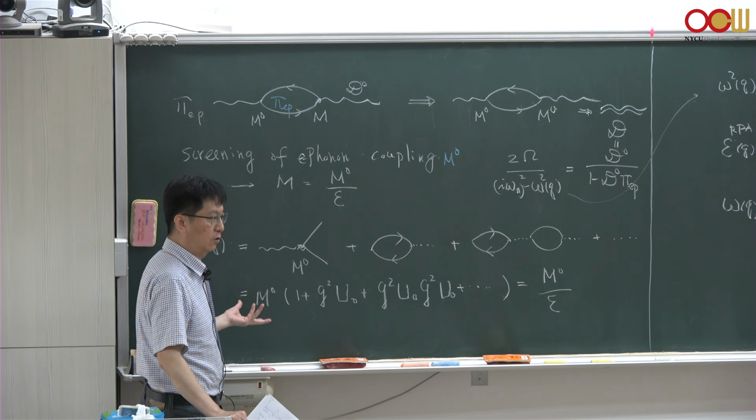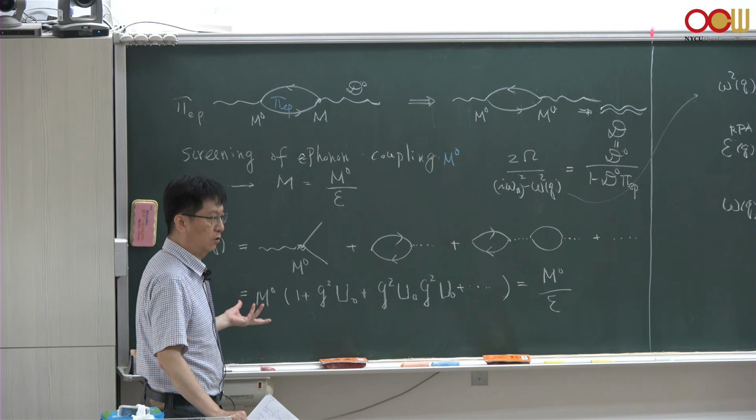If you just use the mathematical expression to sum up all the diagrams here, this is nothing but m0 out front, multiplying the whole thing in the bracket, where the first term in the bracket is 1, which represents this bare electron-phonon coupling.